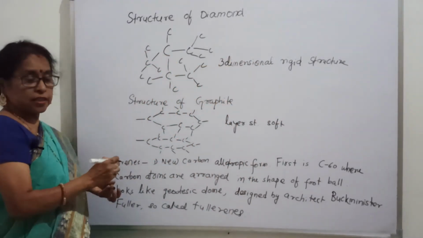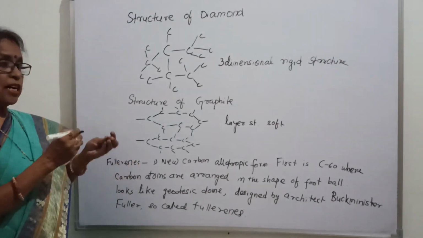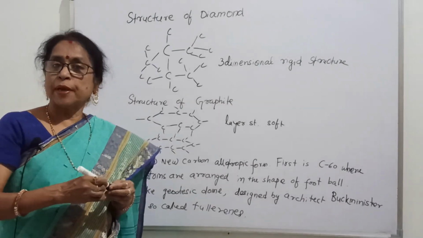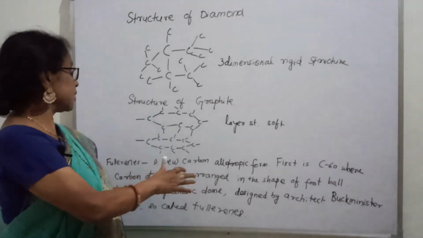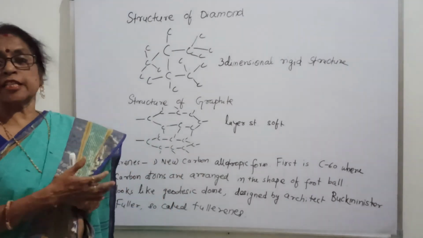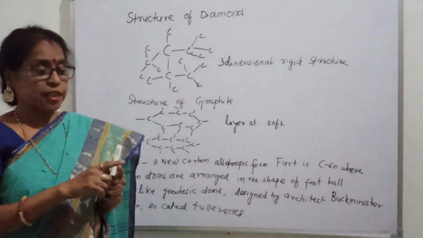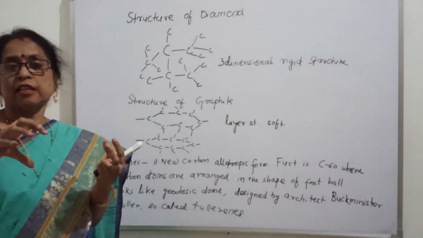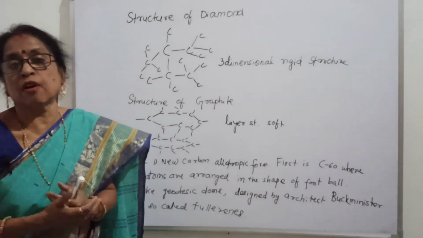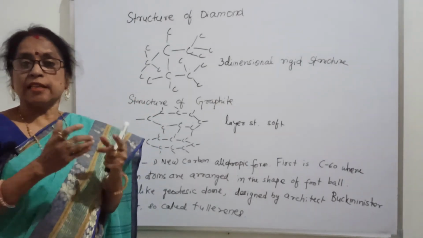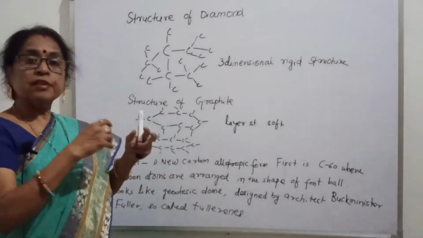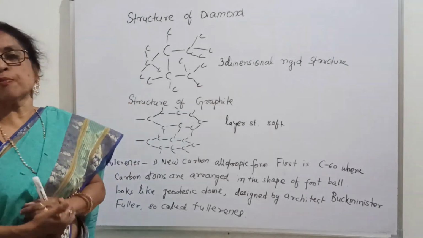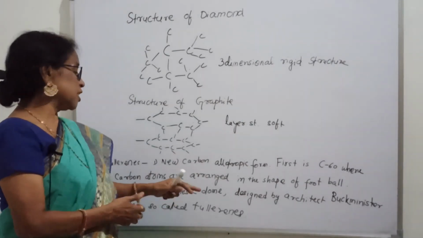And now Fullerenes. Just like graphite and diamond, this new allotropic form of carbon is called Fullerenes. Here it is carbon 60, where the atoms are arranged in the shape of a football. Remember C60, called Fullerenes, where the carbon atoms are arranged in a sphere that looks like a football, and that is called a geodesic dome.